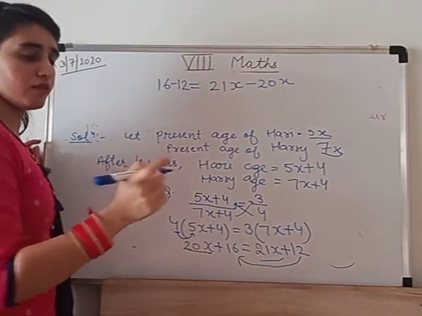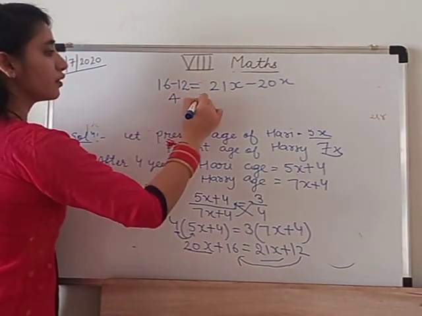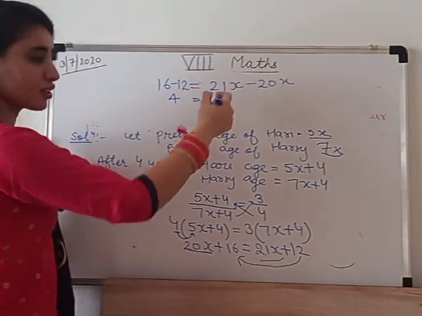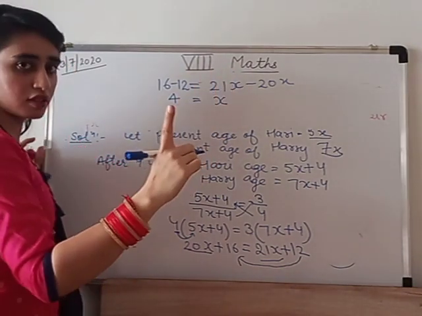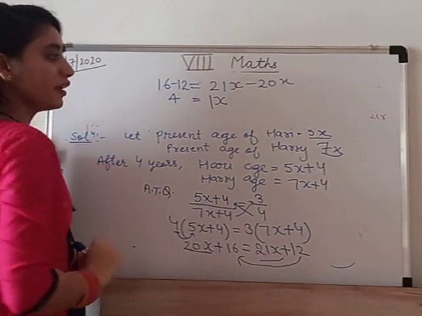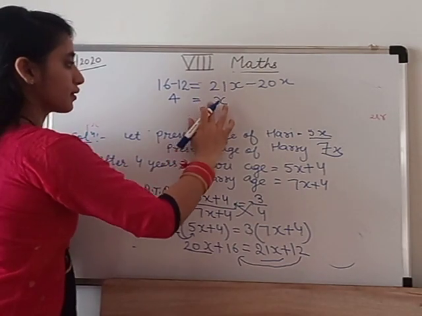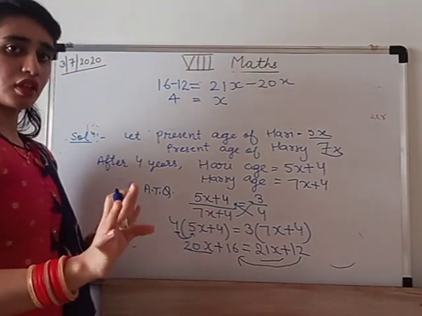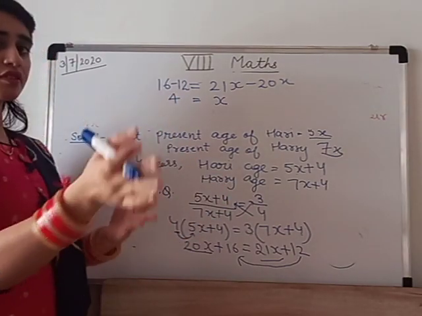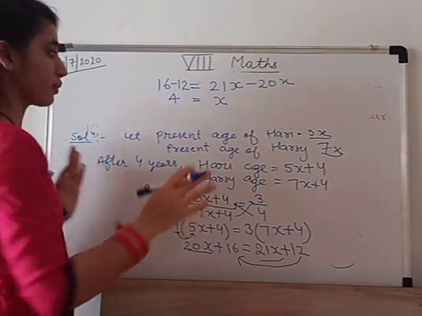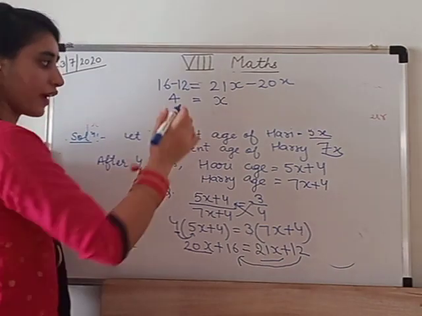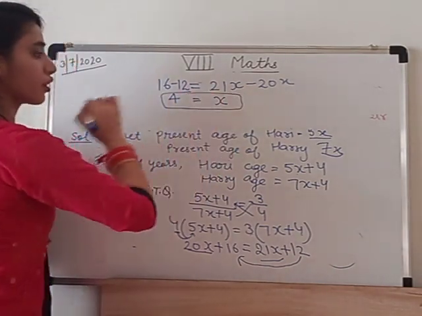16 minus 12 is 4, and 21 minus 20 is 1x. You can also write 1 here, or nothing, because 1 into x is also x. So the value of x is equal to 4.